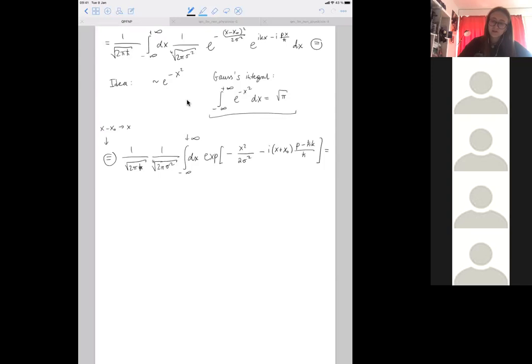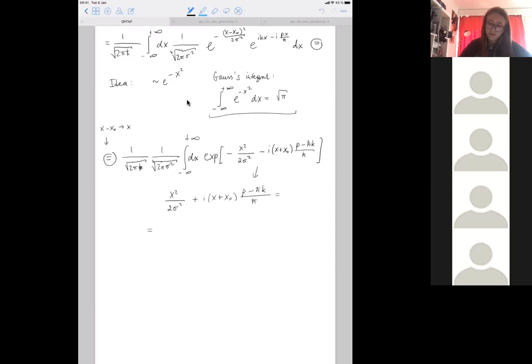Okay, and then what we want to do is look at what is in the exponential, and what we have here is, so I'll now do without the minuses, x squared over 2 sigma squared plus i x plus x0 p minus hk over h.